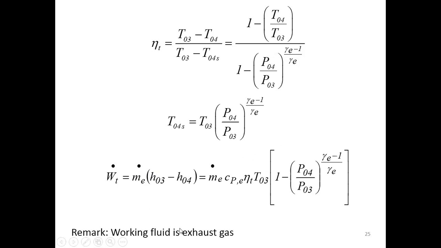Remember, on the turbine side our working fluid is the exhaust gas, not the air, but on the compressor side, it is the air. So for superchargers, we have only one compressor, so we deal with only air. But for turbochargers, on the compressor side we deal with the air, but on the turbine side we deal with the exhaust gas.